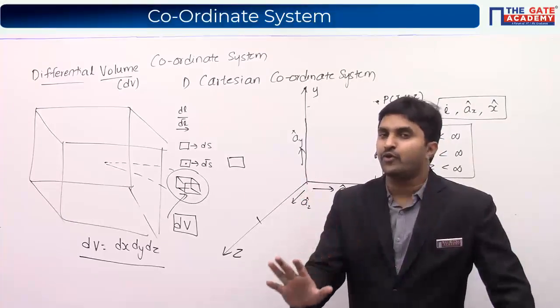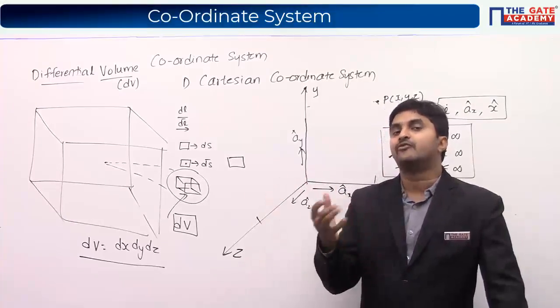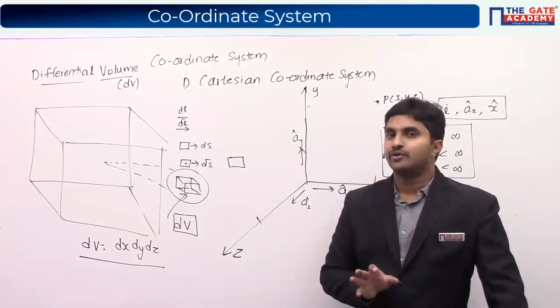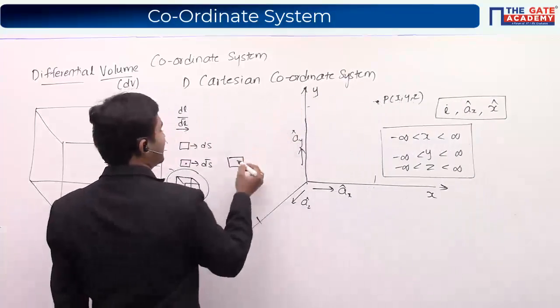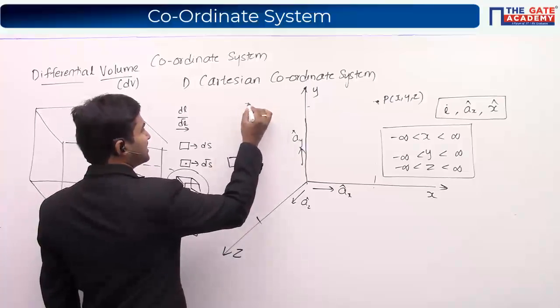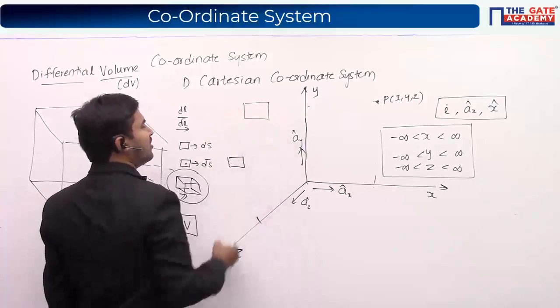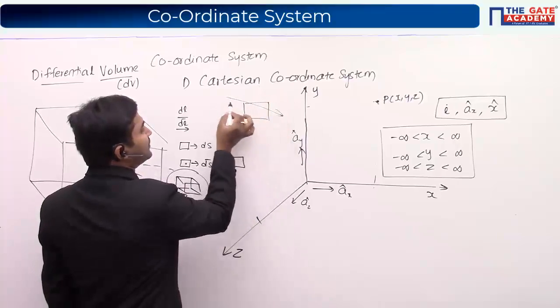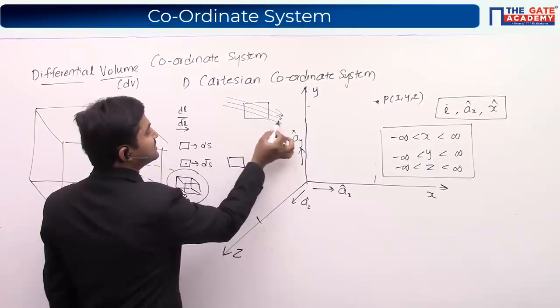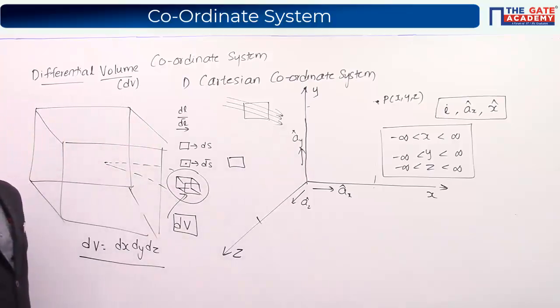If you have such a quantity, then of course the direction matters. For example, if I say that there is a surface like this, and the vector field that we are having is something like this.